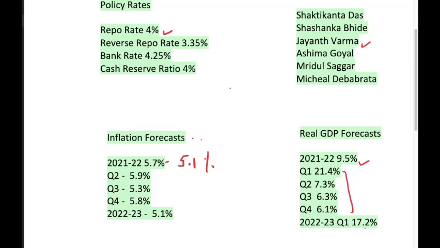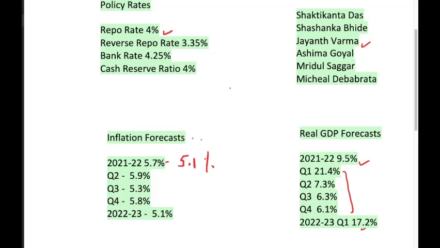We can see that there's a declining trend for the real GDP in the coming quarters. Obviously, the high in quarter 1 is due to the base effect of the previous year. And for next year, 2022-23, quarter 1 projection is 17.2% of real GDP.